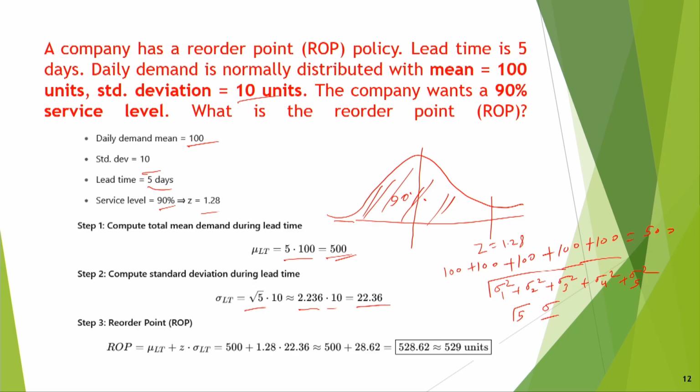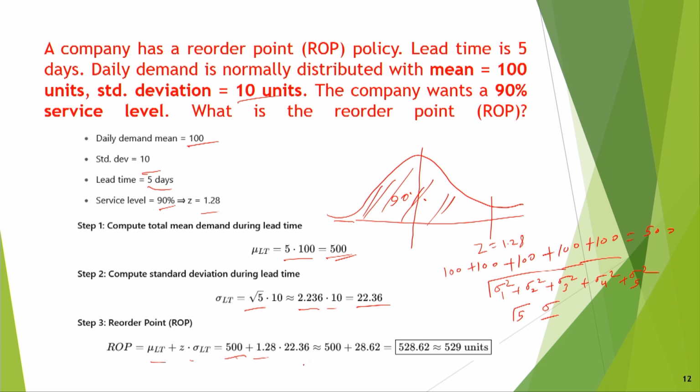And therefore, now the reorder point will be mean value plus Z times the standard deviation. The mean during the lead period was 500, plus 1.28 multiplied by 22.36.